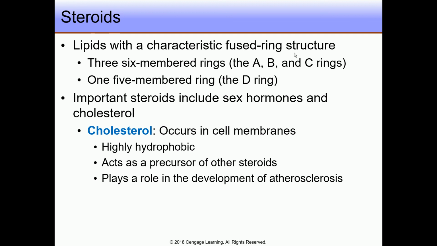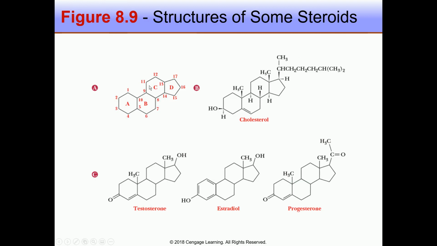In the steroids, which are a category of lipids, there can be rings like A, B, and C. These A, B, and C rings have six members in them, so they are six-membered rings, and the D ring has five. Members means the atoms.